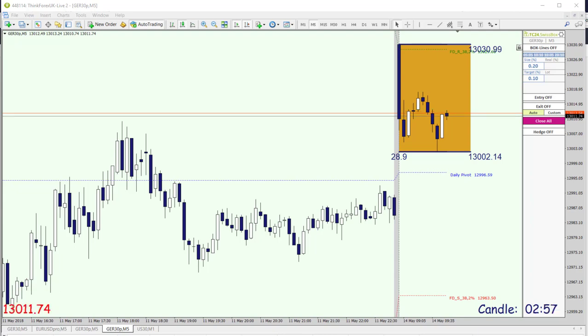It's currently 8:52, so we have 8 minutes to prepare ourselves for the market opening here in Germany, which happens every day at 9 a.m. in the morning.